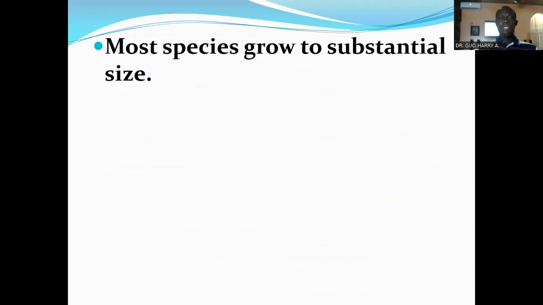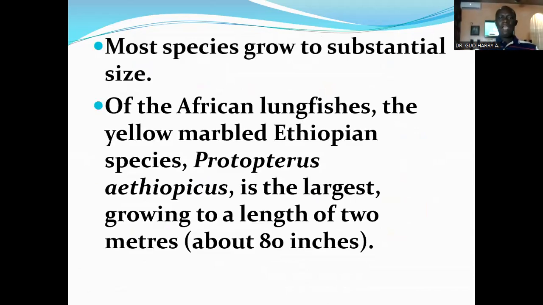Most species grow to substantial sizes. Of the African lungfishes, the yellow marbled Ethiopian species, Protopterus aethiopicus, is the largest, growing to a length of 2 meters, about 80 inches long.